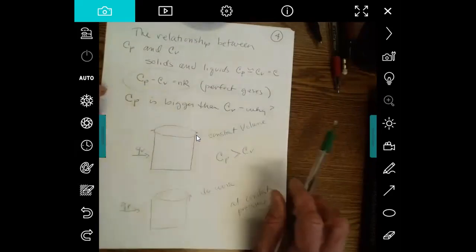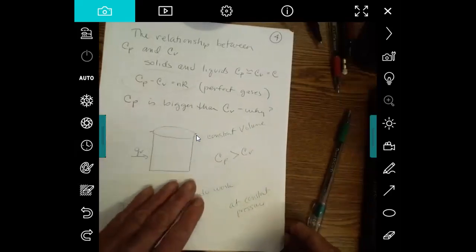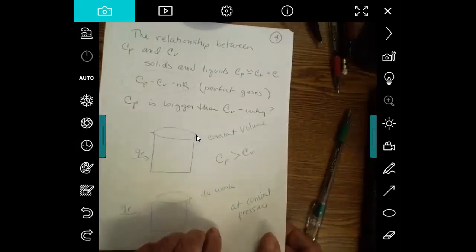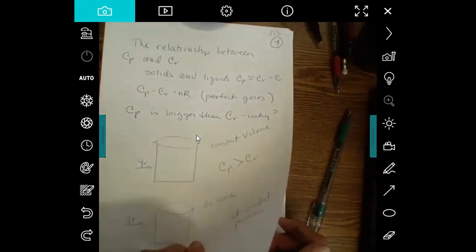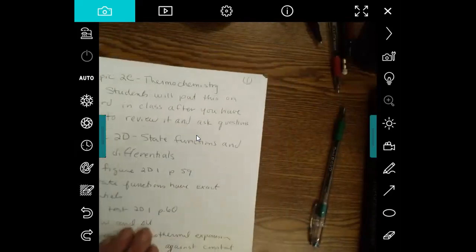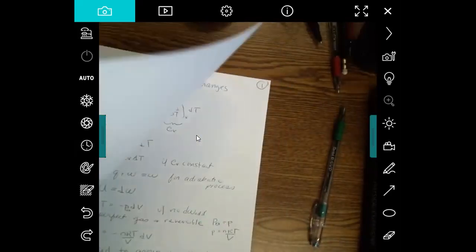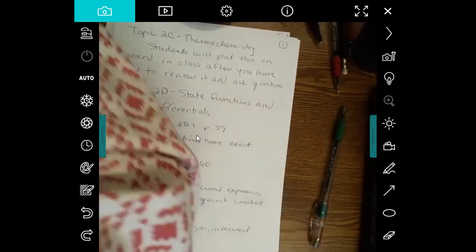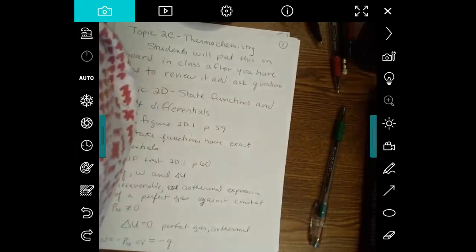So number of moles times the gas constant. So we'll understand that better when we get into a discussion of state functions and exact differentials. I think I will stop there and come back and do the rest.